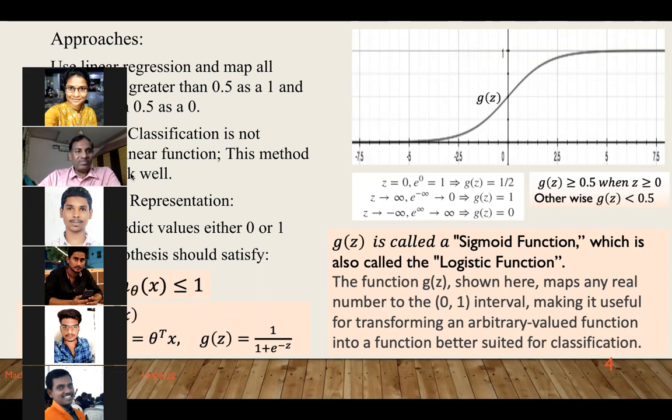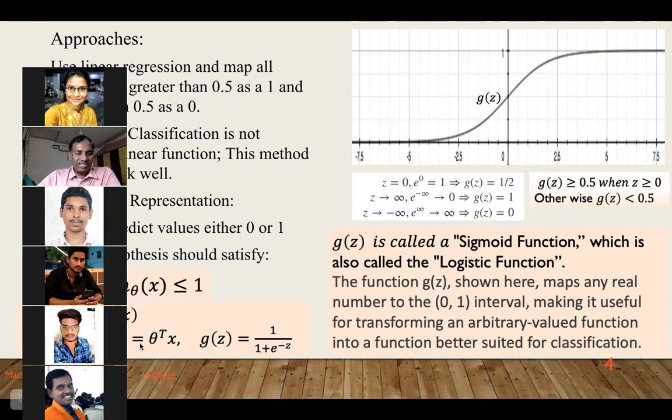If you want to use linear regression, you use it first on the basis of your explanatory variables and fix some thetas. But you want the number to be between 0 and 1, so you bring this whole thing, theta transpose x, so that it is between 0 and 1. That is what the g function does. So we need another function, which is called a transformation of the linear regression value into restricted limits.